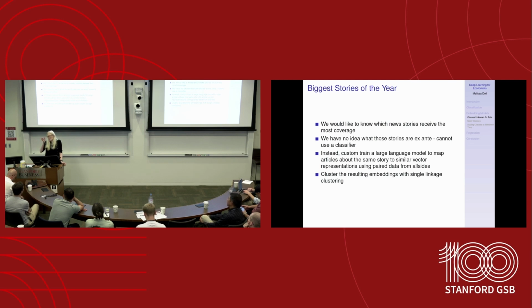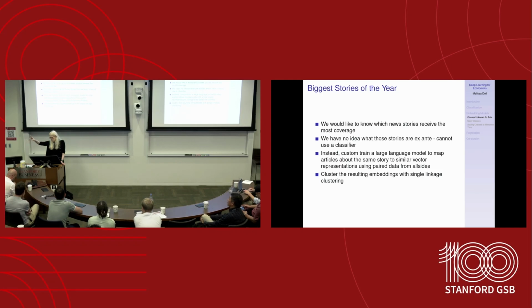But going exactly to that point, one thing we wanted to say is, what was the biggest news story of the year? We have no idea ex ante, so we can't build a classifier. And so what we did instead was to take data from this website, All Sides, and for modern news articles, it will collect, say, here are these 5 different articles about the same story.